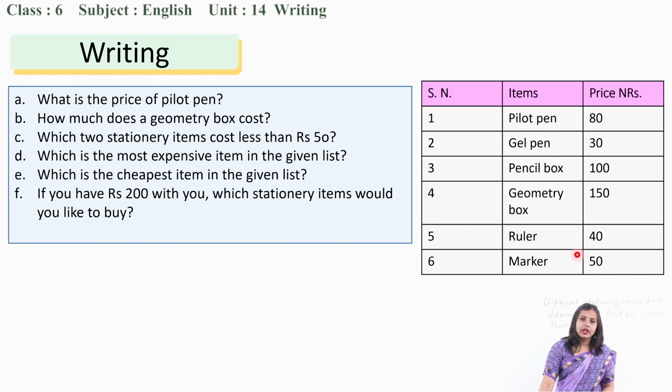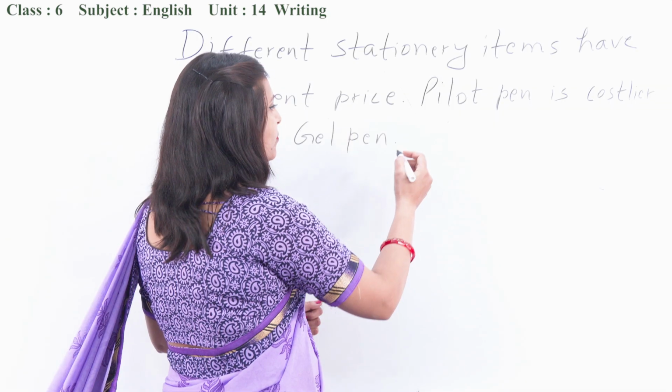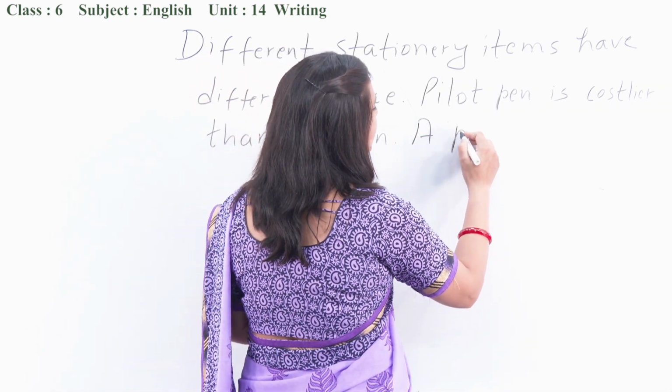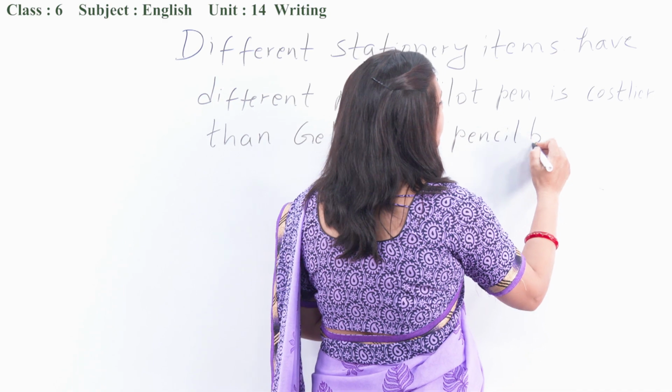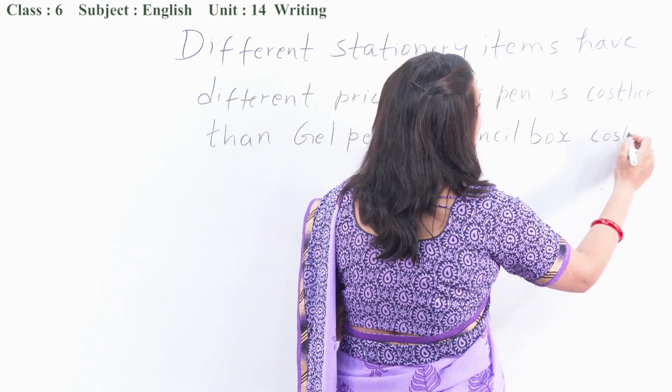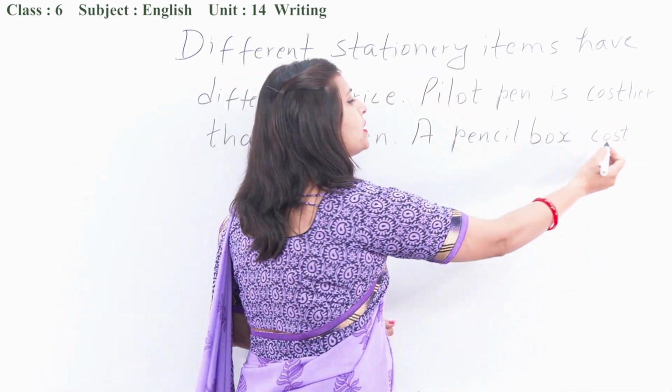Likewise you can write, marker is 10 rupees more than a ruler. Or you can write a pencil box costs 50 rupees more than a marker, like this. A pencil box costs how much?